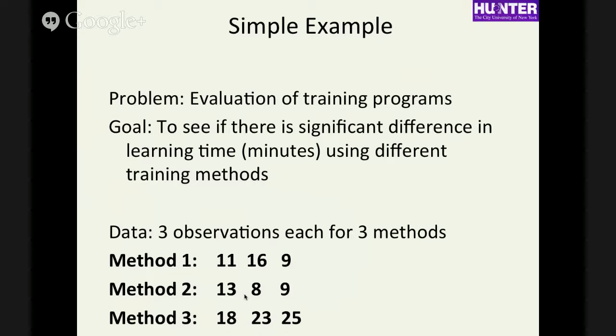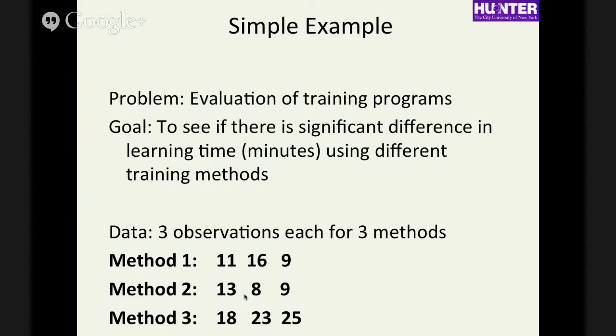Here's another example, an evaluation of training programs. Doesn't matter what it is. The important part for applicability of analysis of variance is that we have a continuous outcome. So here, instead of response time, it's a learning time using three different training methods.